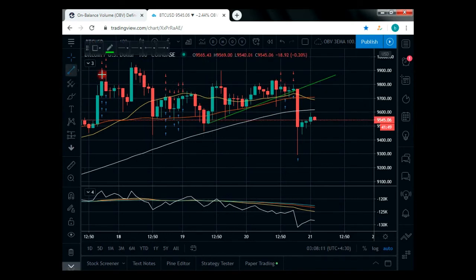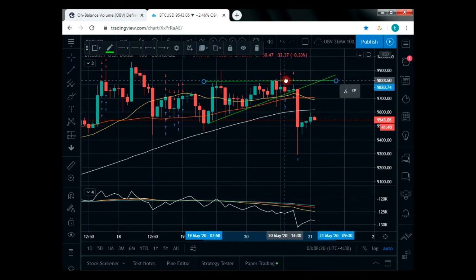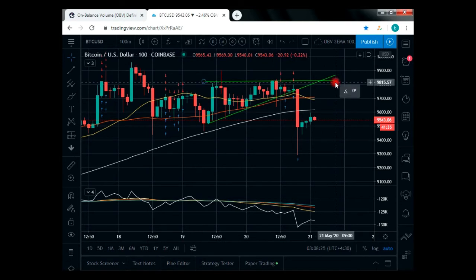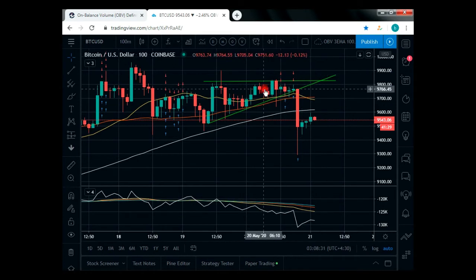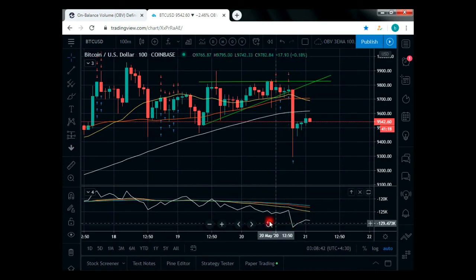You might want to draw an upper line just like this and call this an ascending triangle, but this pattern, as you can see, is well formed, but the only thing that prevents this pattern from occurring is volume.